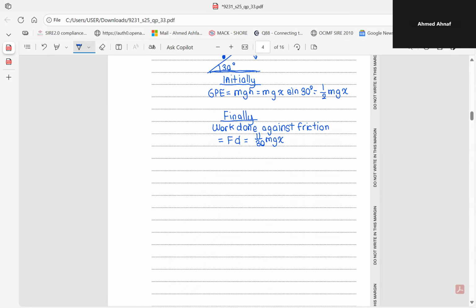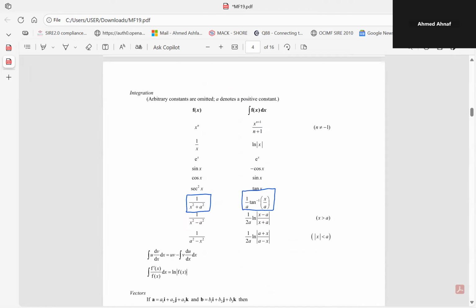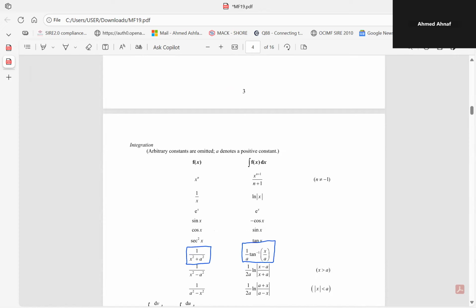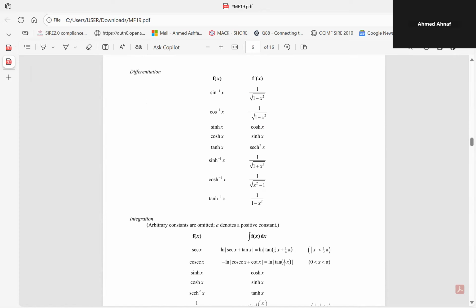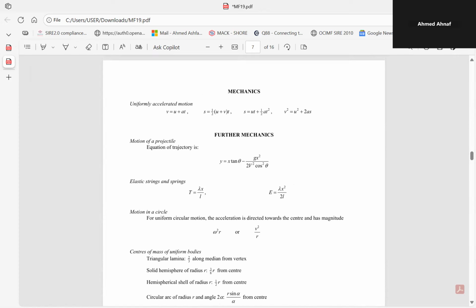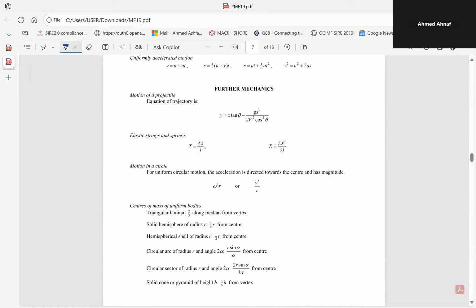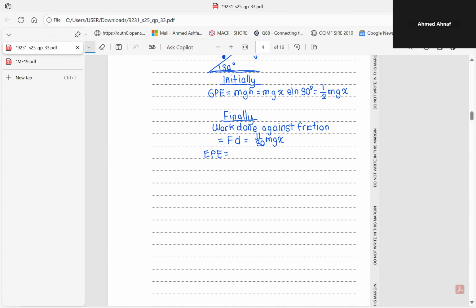Now let's find our EPE. To find your EPE, you have to use the formula from your MF19, under the mechanics section. You have to look under elastic strings and springs. You look at the formula where the subject is E, which means elastic potential energy. So it's lambda x squared over 2L.